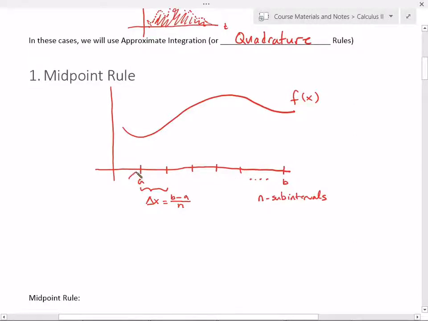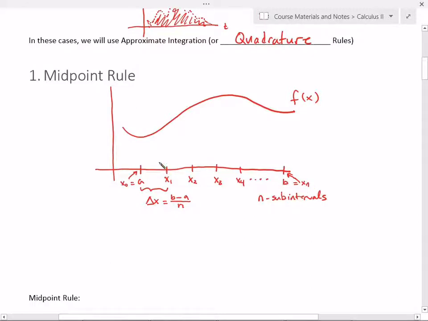I would call this one right here x0, which happens to be the same thing as a. I'm going to call this one x1, x2, x3, and so on, until I get all the way down to xn, which is the same thing as b.